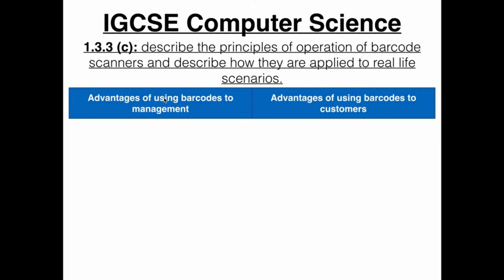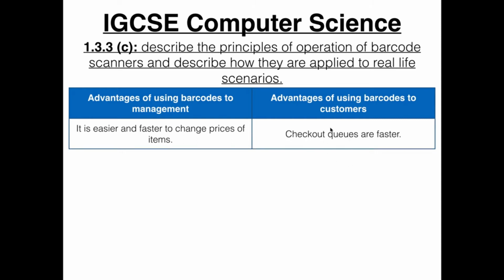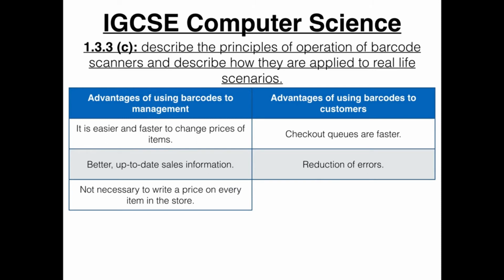But we'll mainly look at the advantages because there are quite a few. So it's easier and faster to change prices of items. Checkout queues are faster. Better up-to-date sales information. Reduction of errors.